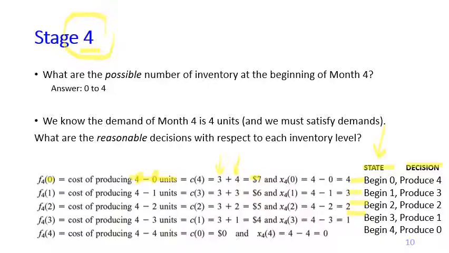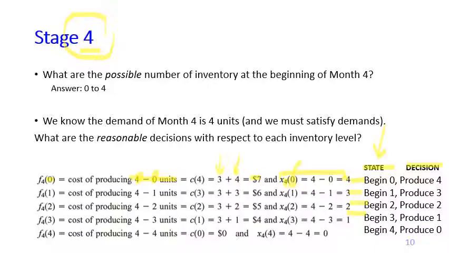So the total cost of producing 4 units is $7. And then here it says the best decision at stage 4, if we start stage 4 with 0 items, is producing 4 units. So F has the units of dollars because it's talking about the cost, and X has the unit of units. It's the decision, how many you produce.